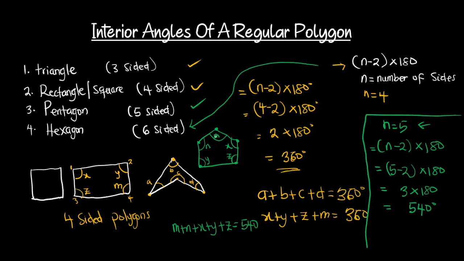Based on that, use this formula, n minus 2 multiplied by 180, to find the total, or the sum of all the interior angles of the polygon. Before you add the ones that are given to you, equate it to the sum of the interior angles of that polygon before you find your unknown variable or angle that you are asked to find.